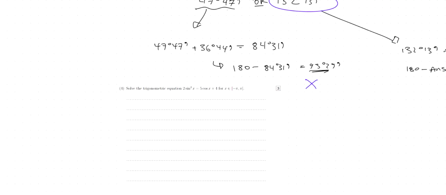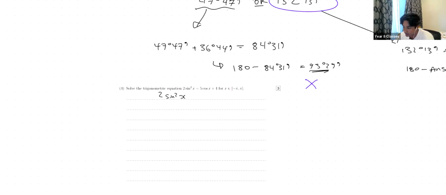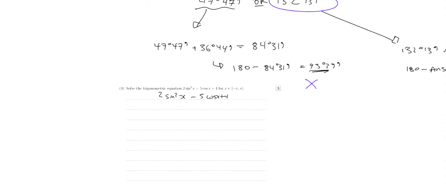Maybe you'd use the identity sine squared x equals 1 minus cos squared x. Sure. Why would we do that? So then you can expand and get it to equal 0. But can't you get to equal 0 regardless of that by just doing this? The cos and the sine, make them all cos.